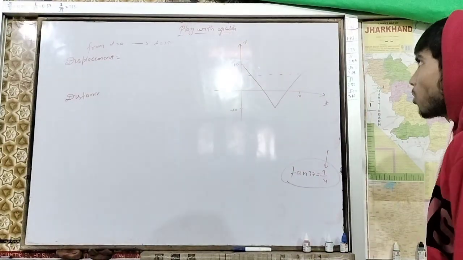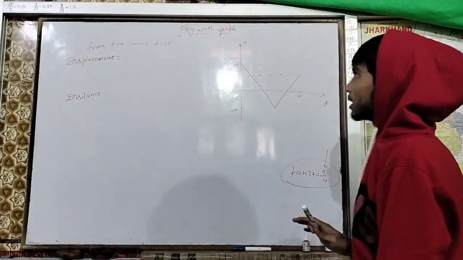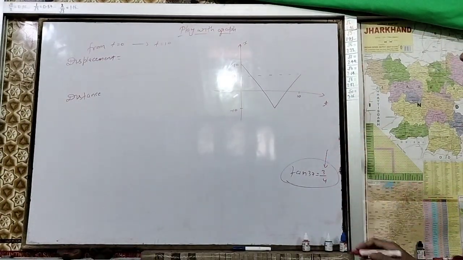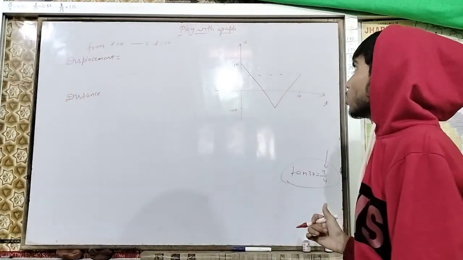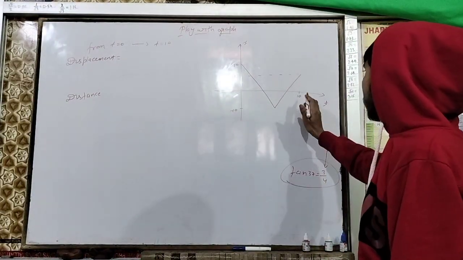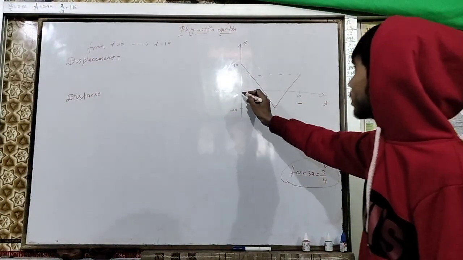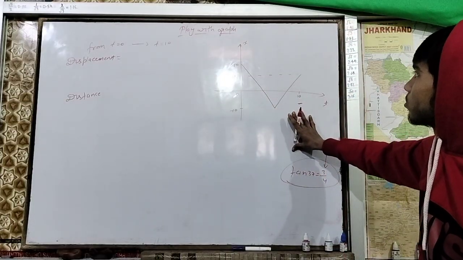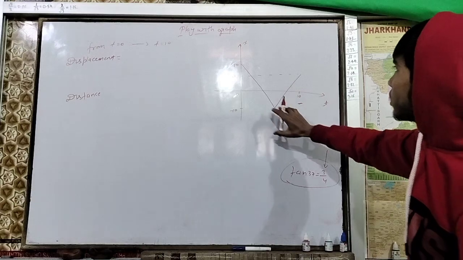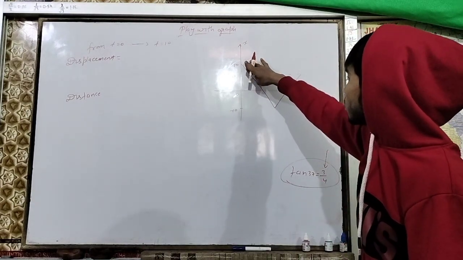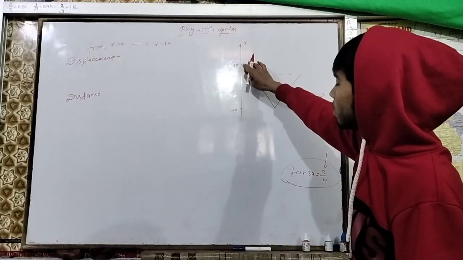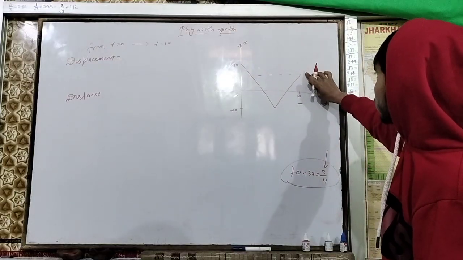What is the initial point and what is the final point? From t equal to 0 till t equal to 10. Time is over here. This is our t and this is 0. The particle starts from here, so the initial point is this and the final is this.